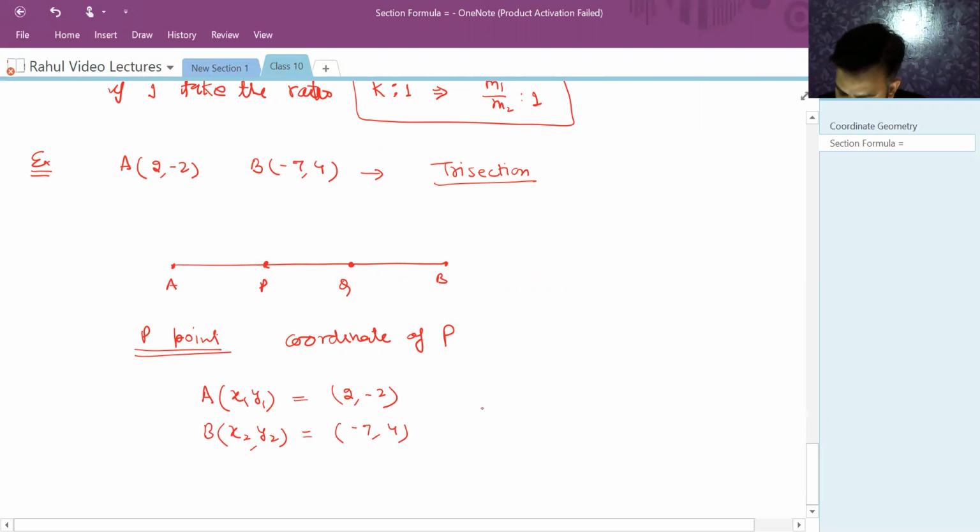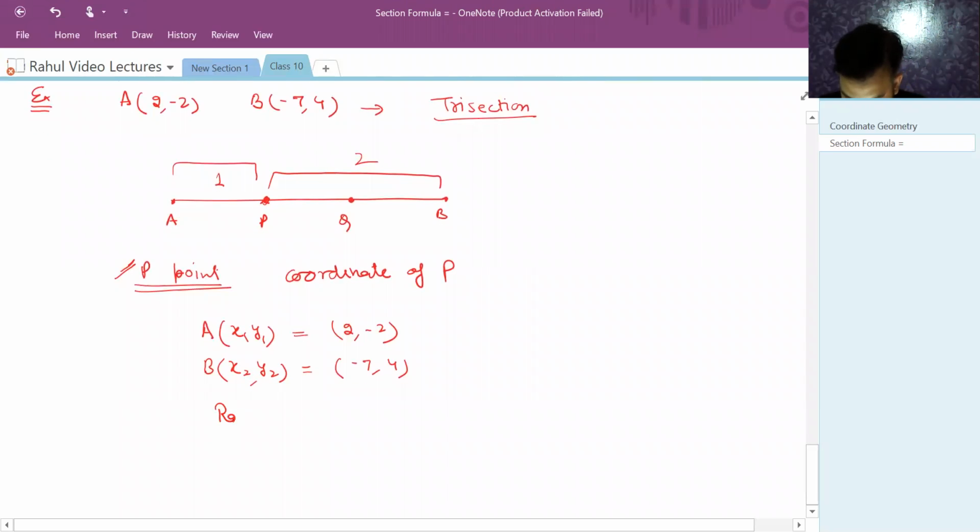And if I talk about P point, then you can see one part is here and two part is here. So the ratio M1 ratio M2 will be 1 ratio 2. Then you can find out the point P xy using section formula. Okay, so there is no big deal.